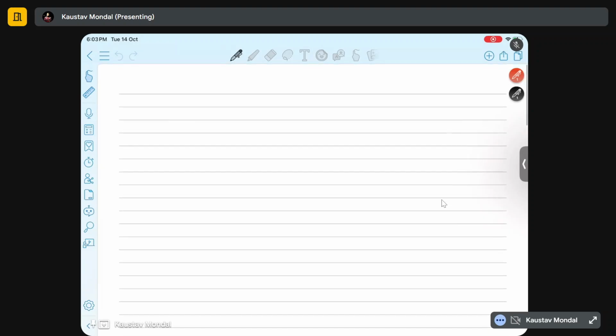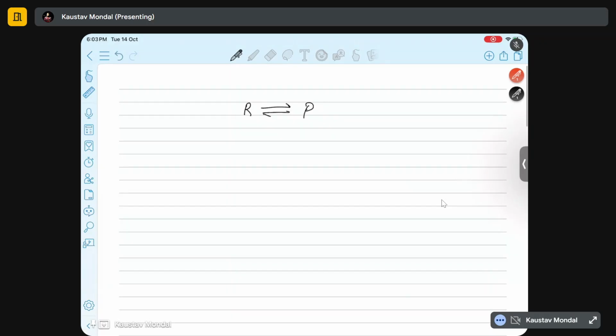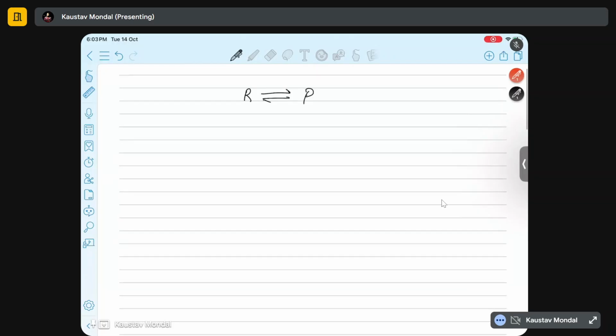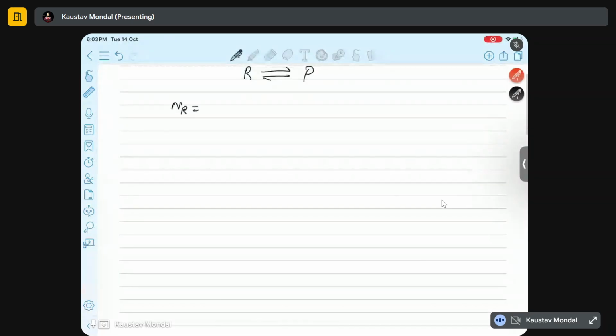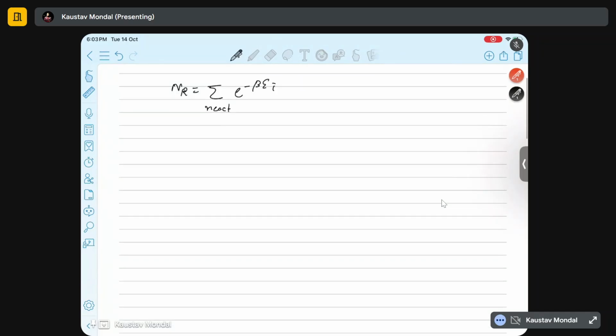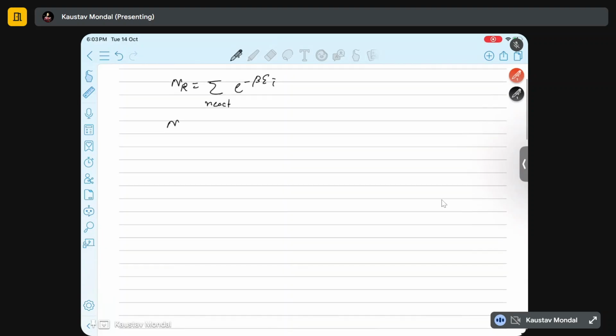So reactants and this is the product, both are in equilibrium, and let's suppose the number of reactant molecules in R is equal to summation over reactants e to the power minus beta ei, and similarly products would be summation over products e to the power minus beta ei.